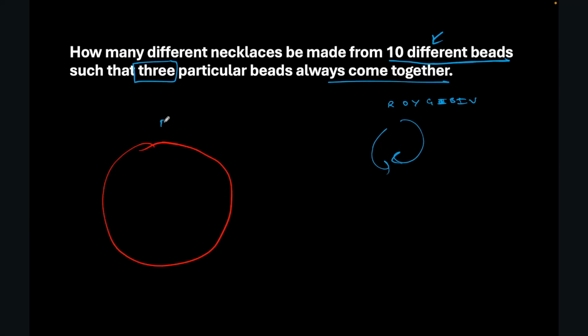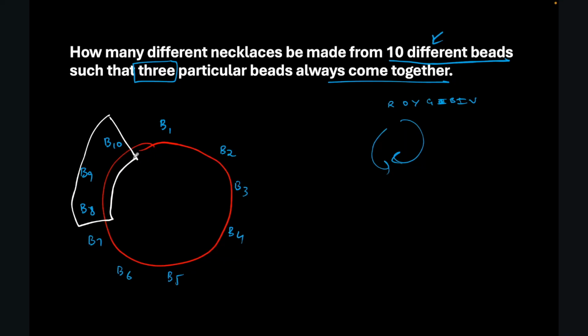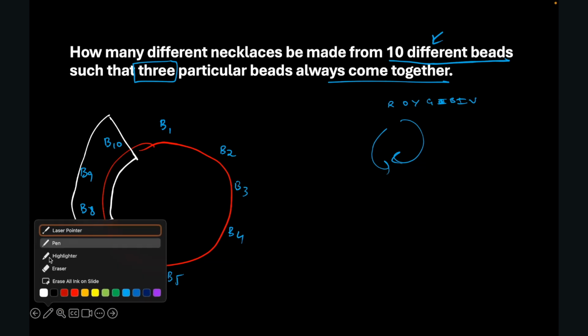Okay, so I have bead 1, bead 2, bead 3, bead 4, bead 5, bead 6, bead 7, bead 8, bead 9, bead 10. Okay, now let's say 8, 9, and 10 are the ones that are being grouped together. Like this.